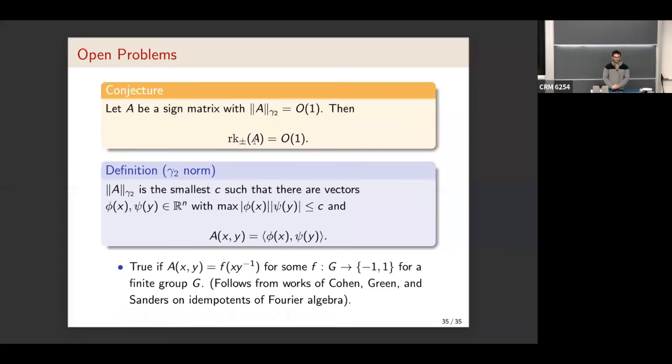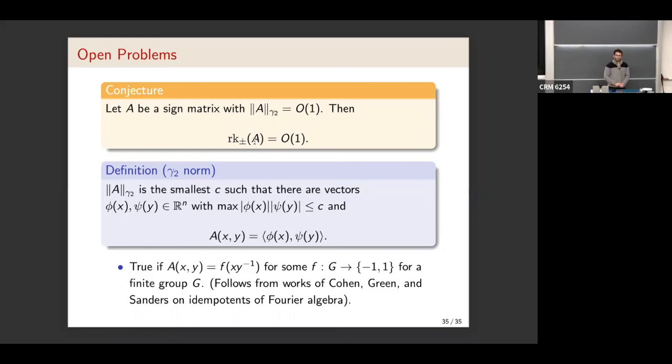Any other question? Yeah, in the tensor setting, what often happens is that people study asymptotic parameters. So this setting would be: start with a sign matrix and you take a tensor power, and then you wonder how the sign rank grows, because something interesting happens there.